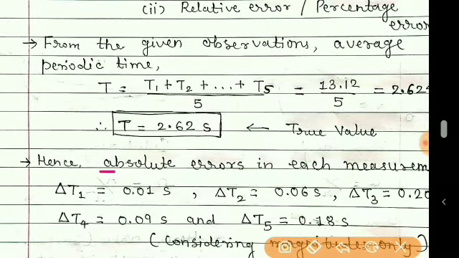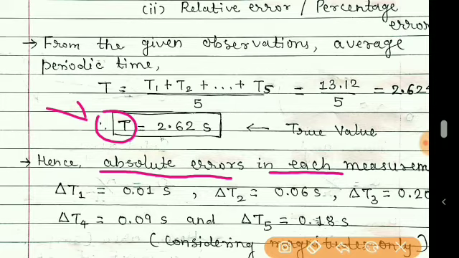To obtain these absolute errors in each measurement, we will subtract each observation from this true value, and whatever answer we obtain, we will write it as positive only. When you subtract each observation from T, you may get negative also, you may get positive also, but that difference which you have obtained by subtraction, you have to take it as positive. That is, only the magnitude is considered.